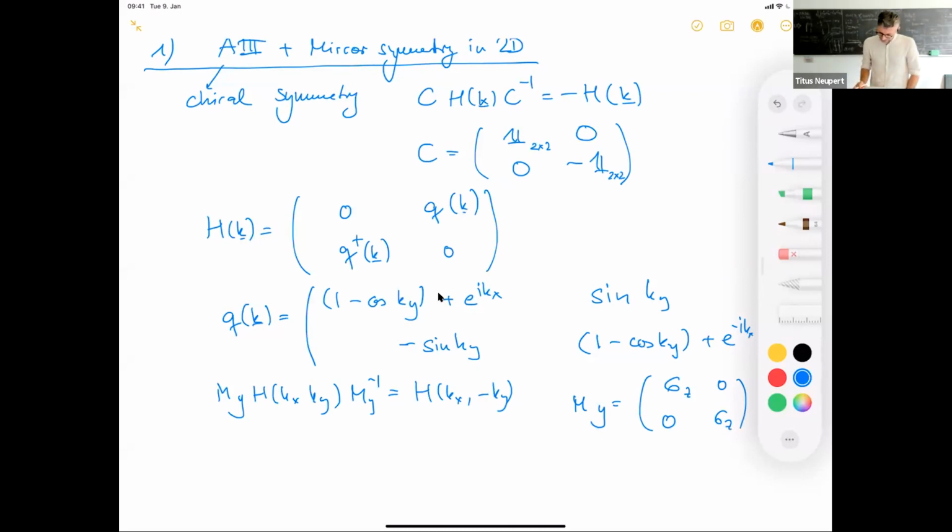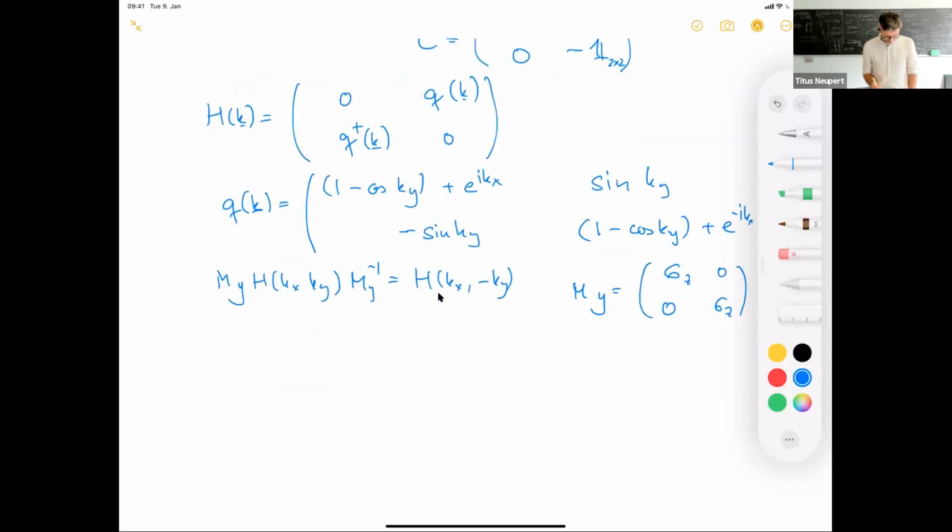So the observation is now that we want to look at the system that is open in the x direction. And we can keep the periodic boundary conditions in the y direction so that the boundary itself is mirror symmetric, and ky is a good quantum number.